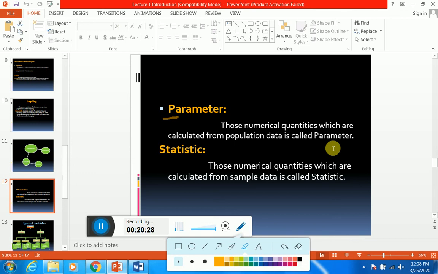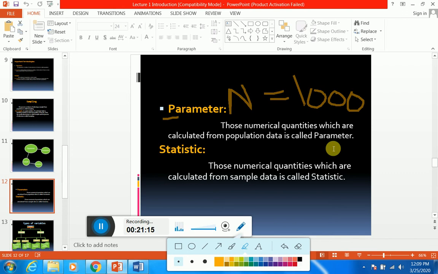Suppose I have Salam University, and Salam University contains, suppose, 1000 elements, 1000 students in total. If you calculate the average height of all 1000 students, you use the average formula, the average which we basically use to calculate aggregated data.